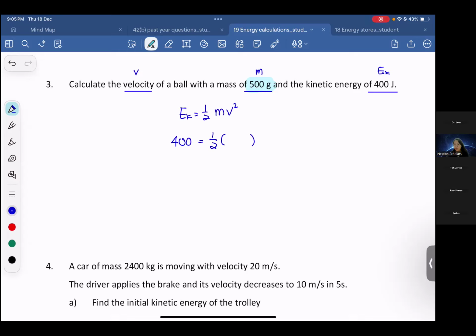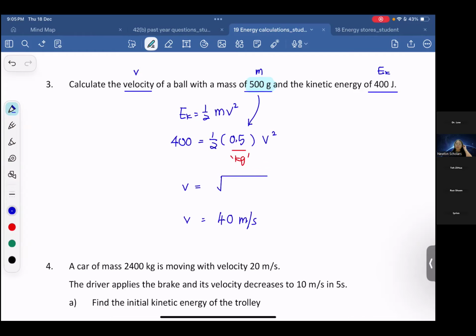And then second one, did you square root it? Megan, correct. Okay, so at here, v squared, 500 gram, you have to convert to become 0.5 kg. Convert it into kg. At the end, you need to remember to square root your answer. So if you do everything correct, your answer should be 40 meter per second.